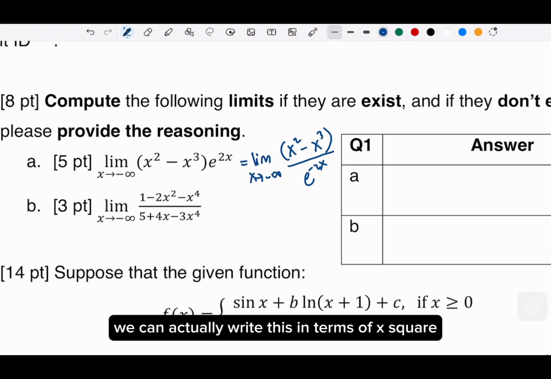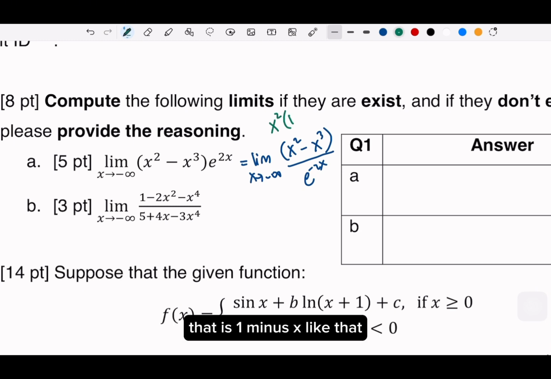We can actually write this in terms of x squared, that is 1 minus x, like that.